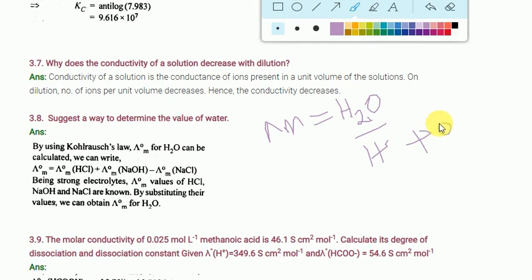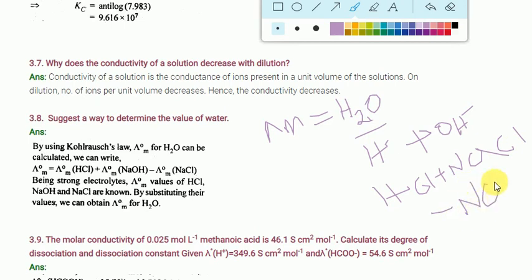I want to find H plus, so I take HCl. I want to find the OH minus ion concentration, that's why I take NaOH, a strong electrolyte. When I use these two values, I get one value, and then I want only water conductivity, so minus NaCl.